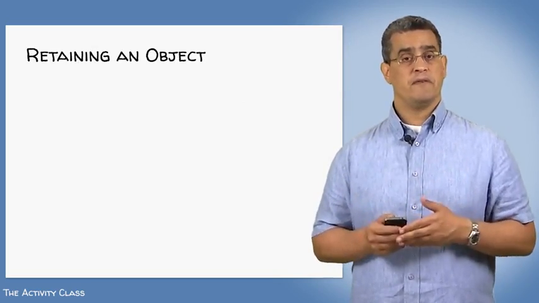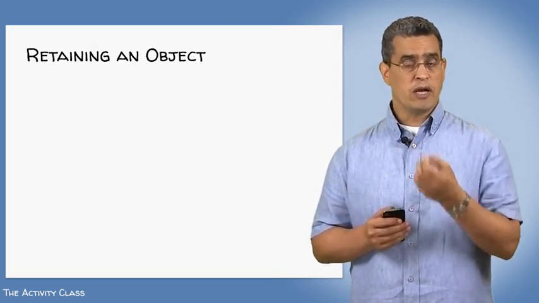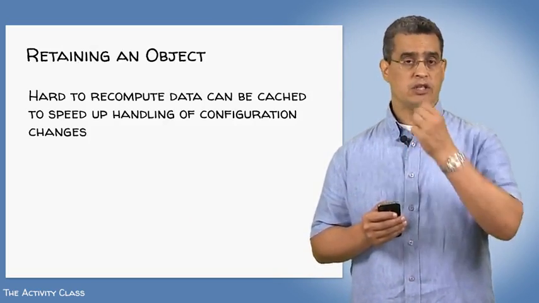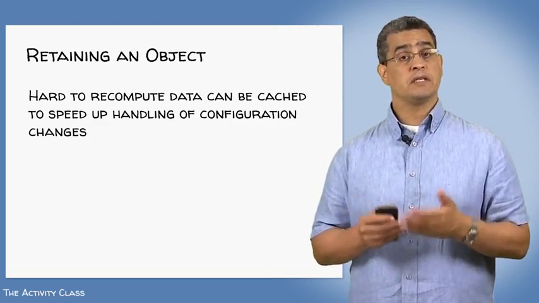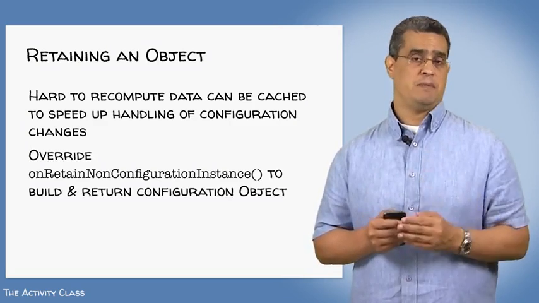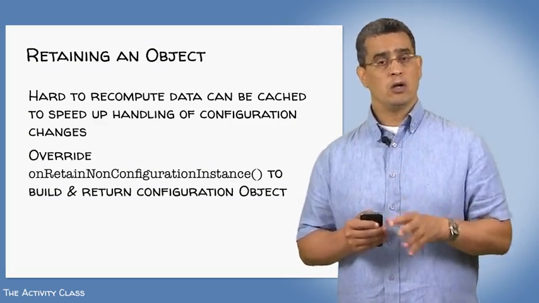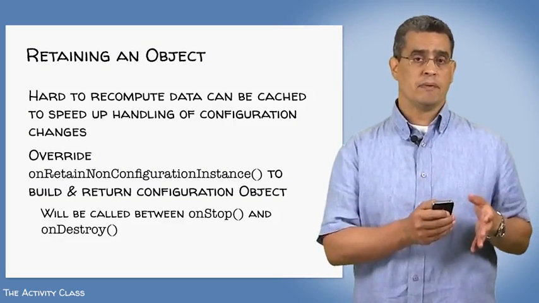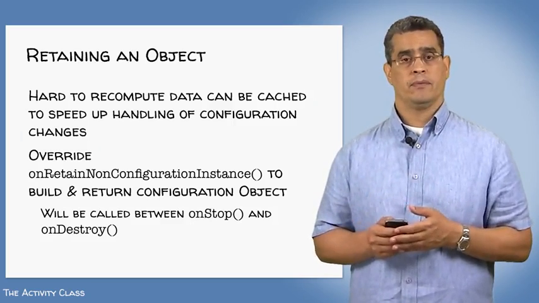So to speed up reconfiguration, I said you can cache hard-to-recompute data and store it in a Java object. And one way to do this is by overriding the onRetainNonConfigurationInstance method, which will be called sometime between onStop and onDestroy.